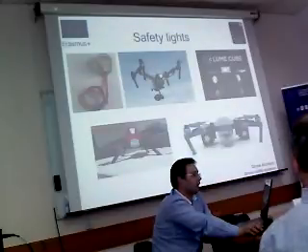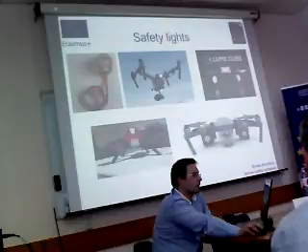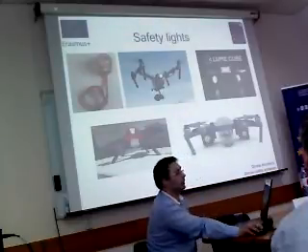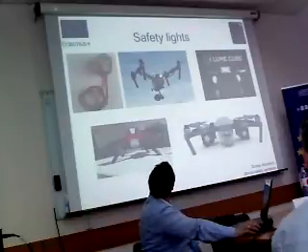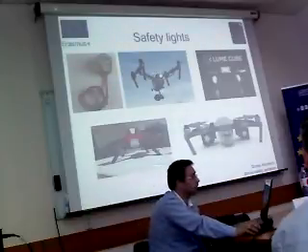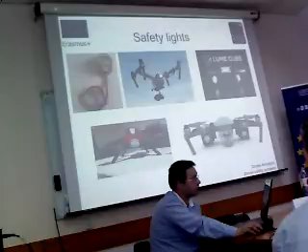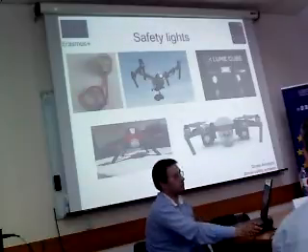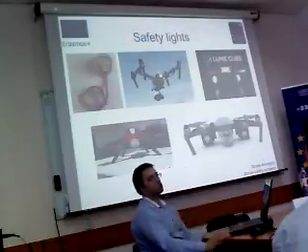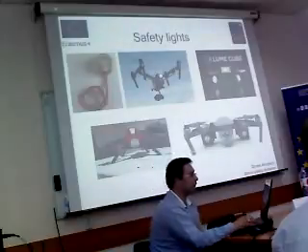So if you are flying in that time, you need to put some safety lights that are shown, for example, here. There are 2 different solutions, especially for multicopters. The left are DJI anti-collision lights, and the right is the most popular solution that can be found in the market.